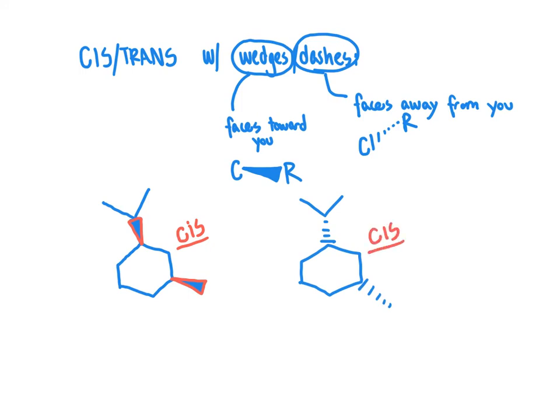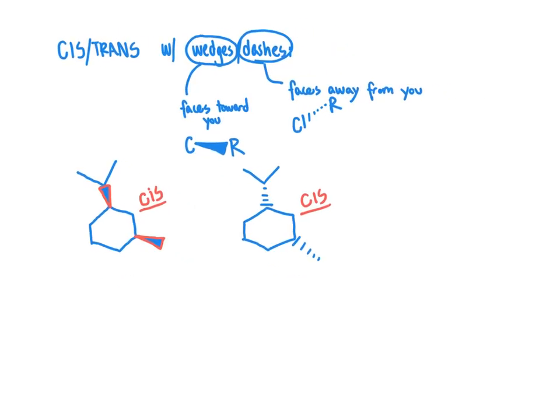On the other hand, if we put one of those groups pointed forward as a wedge and the other pointed backward as a dash, we describe the molecule as having the trans stereochemistry, the trans relationship between the 2 groups. So we could do that for the isopropyl, pointing that forward, come over to the methyl group and point that backwards. And since those two bonds go in opposite directions, one pointed toward us, one pointed away from us, we would describe that molecule as being trans.